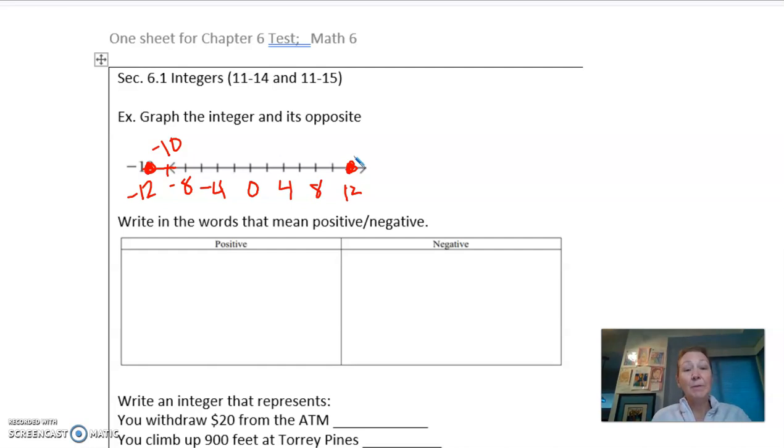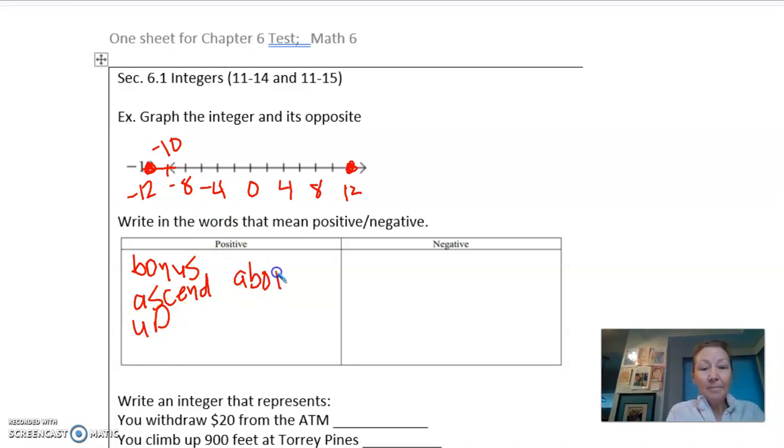Okay, and then we went through and we wrote some words that mean positives and negatives. You can look at your notes, but maybe it was words like, let's see, if you get a bonus, if you climb up a mountain, right? It's when you ascend to climb up. Above, if you have an asset. If you gain points.